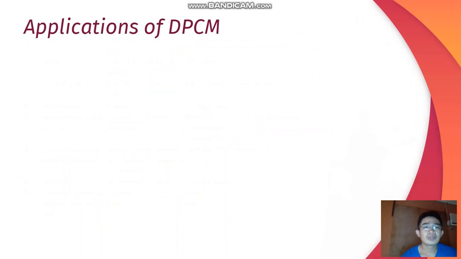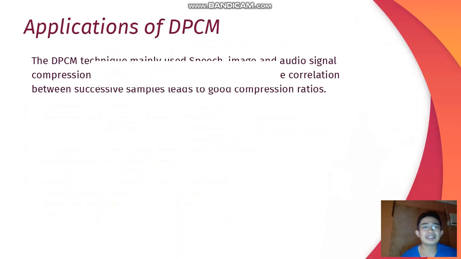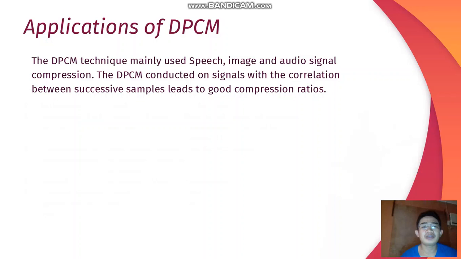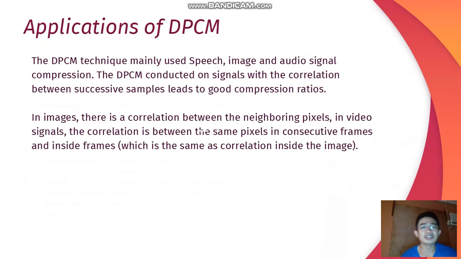Let's proceed. Application of DPCM. The DPCM technique is mainly used for speech, image, and audio signal compression. DPCM conducted on signals with correlation between successive samples leads to good compression ratios. In images, there is a correlation between neighboring pixels.